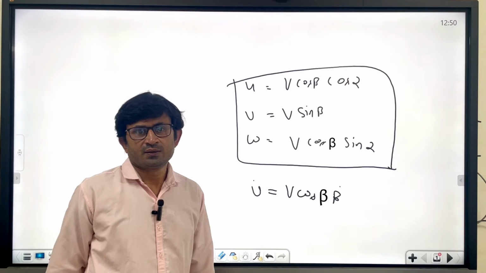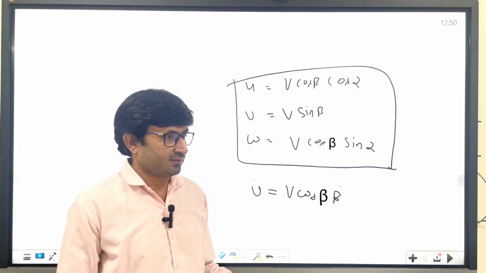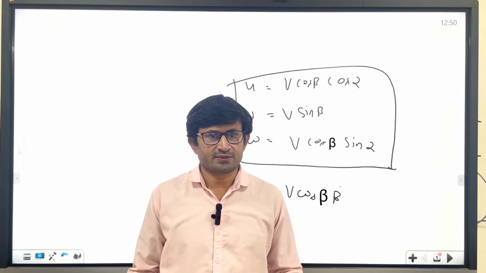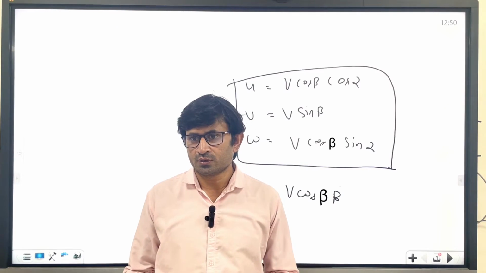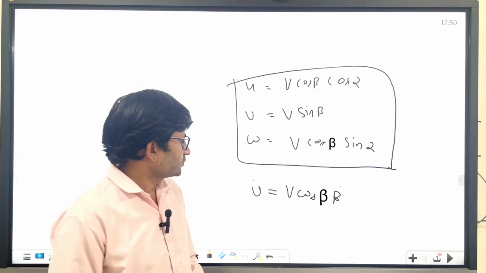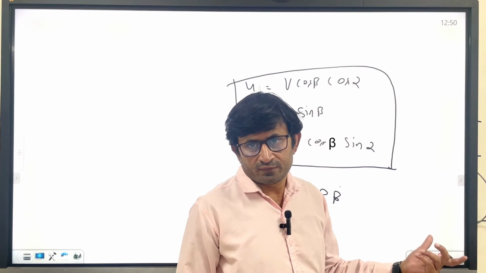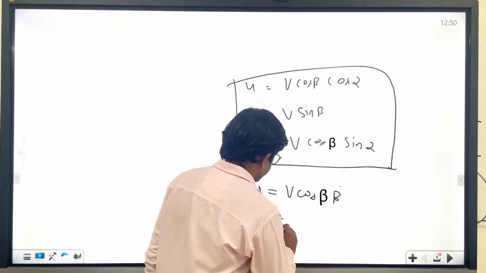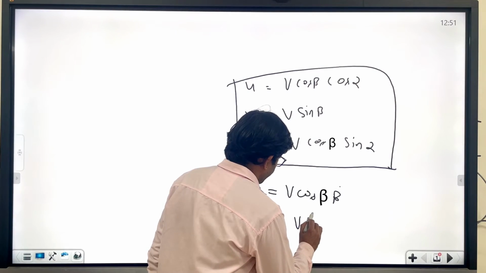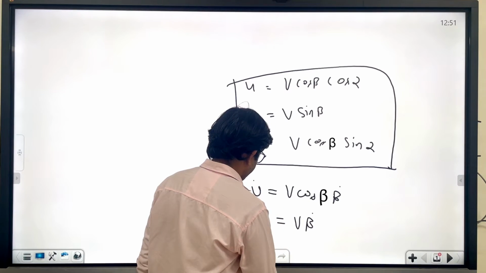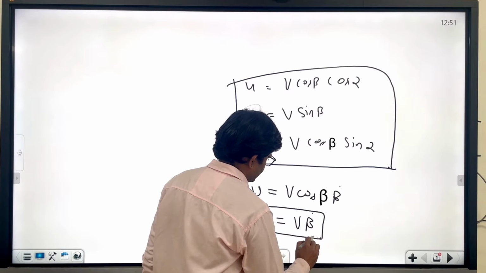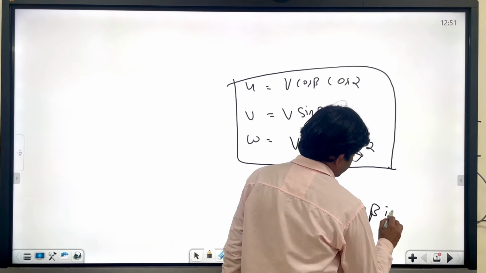Okay, so if I am designing the controller to kill the small side slip angle, that means the side slip angle is not too large, so cos beta will be close to 1 if beta is small. So I can write V beta dot equals small v dot. Okay, beta is small.